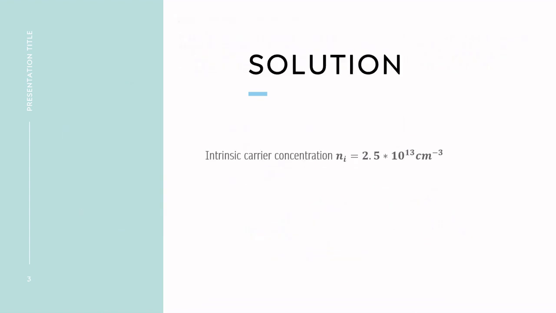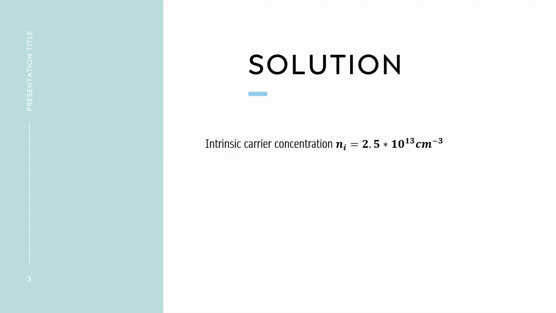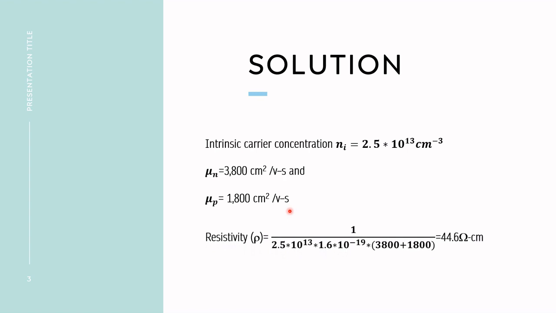The first, here the given value is the intrinsic carrier concentration Ni equal to 2.5 into 10 to the power 13 per centimeter cube. Next given value is electron mobility 3800 centimeter square per volt second, and the mu p value is 1800 centimeter square per volt second. So what do we get for the resistivity value?